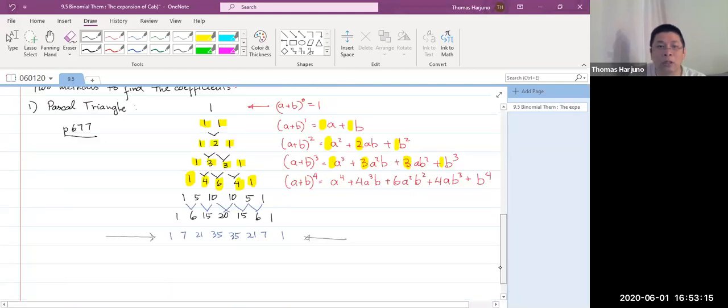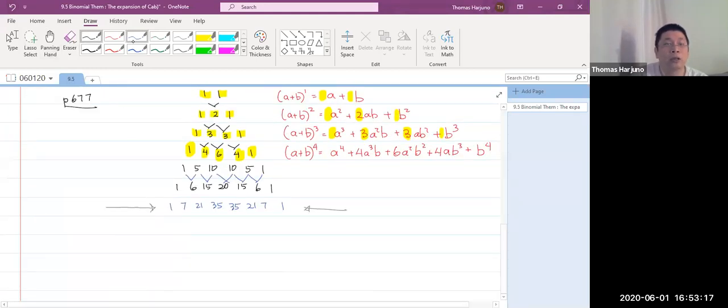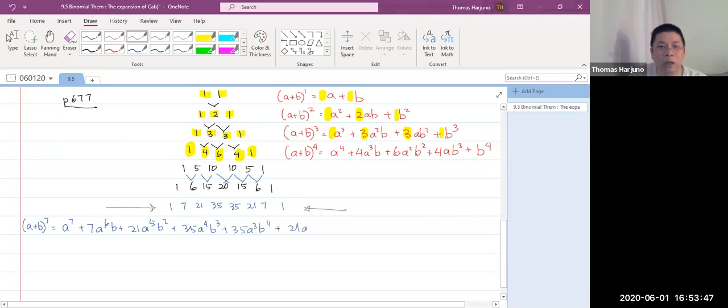Using blue, a plus b to the 7 is a to the 7 plus 7a to the 6 b plus 21a to the 5 b squared plus 35a to the 4 b cubed plus 35a cubed b to the 4 plus 21a squared b to the 5th plus 7ab to the 6th plus b to the 7th.